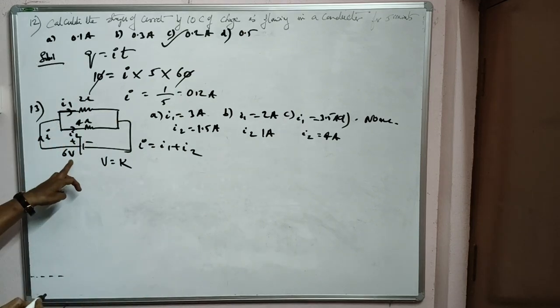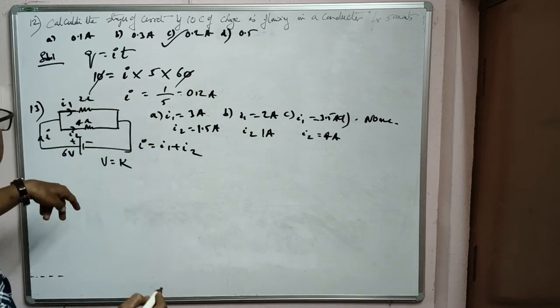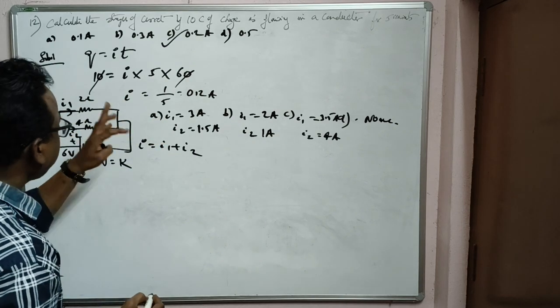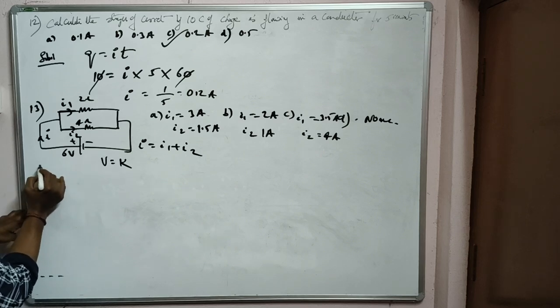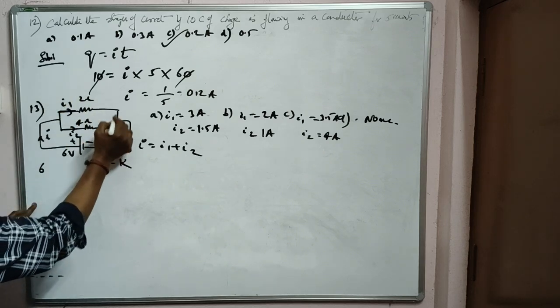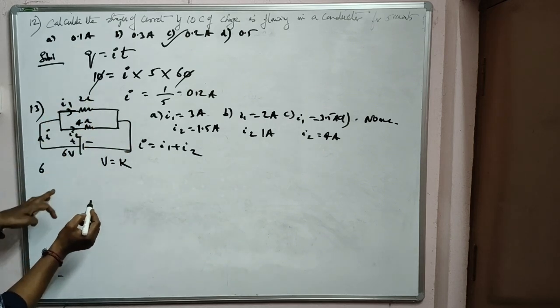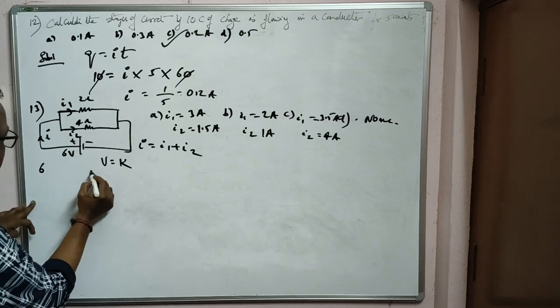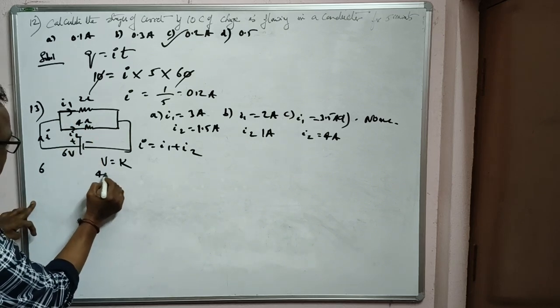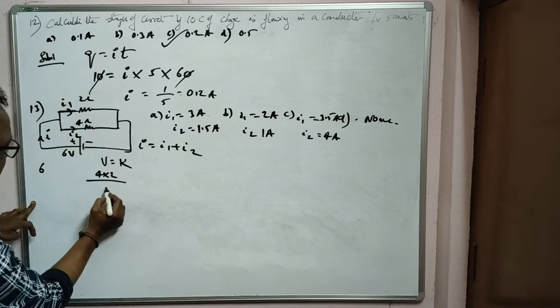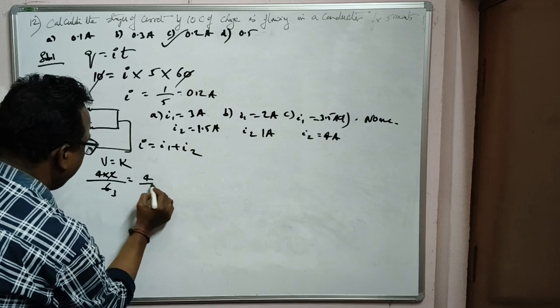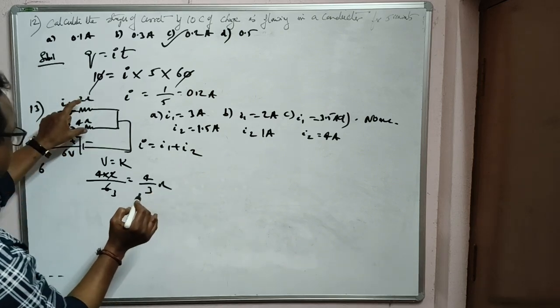So first we will calculate the total current by using Ohm's law, and for that the effective resistance. Parallel connection means R1 R2 by R1 plus R2: 2 times 2 is 4 by 3 ohms is the effective resistance.